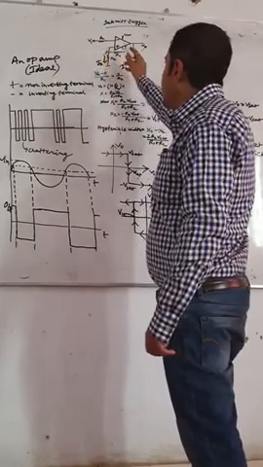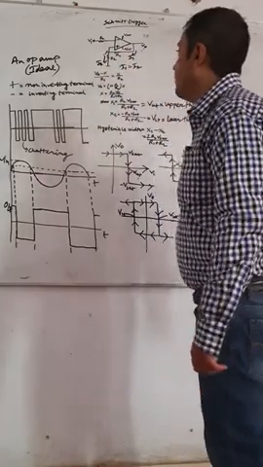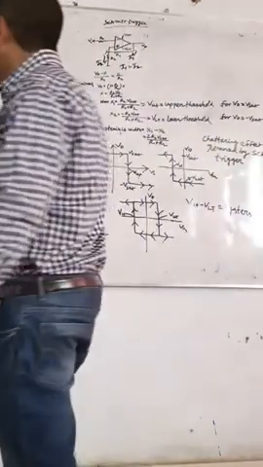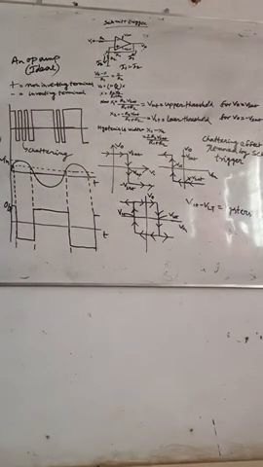Current will not go from the inverting terminal to the non-inverting terminal because of the infinite resistance, which means it is an open circuit.